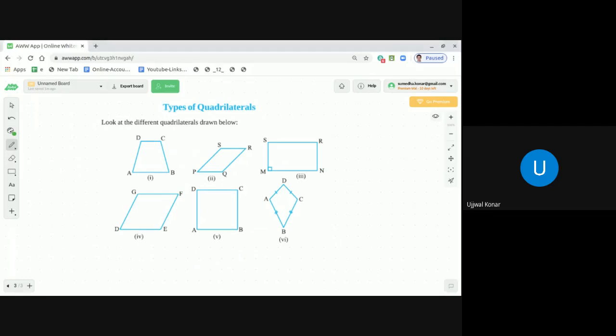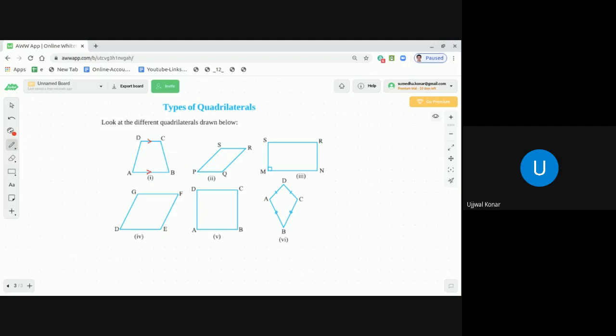If you see, which two sides are parallel here? Here the two parallel sides are AB and DC. Correct or not? The other two sides need not be parallel. And one important piece of information here, dear students: if the non-parallel sides of the trapezium are equal, then it is called an isosceles trapezium.